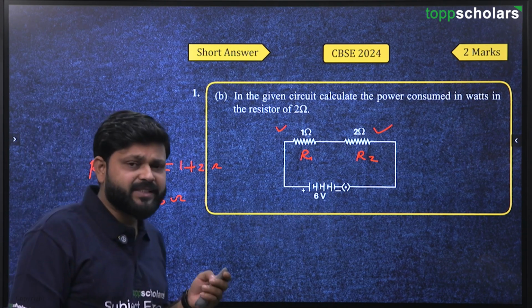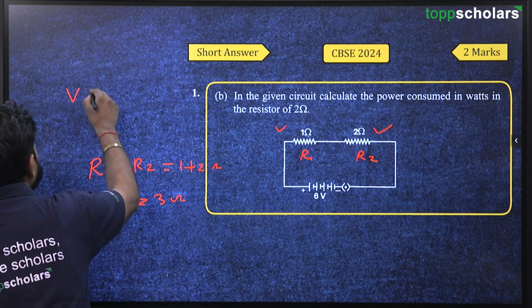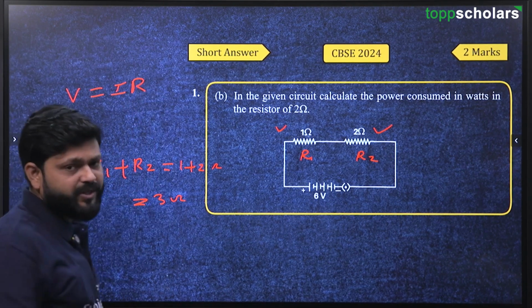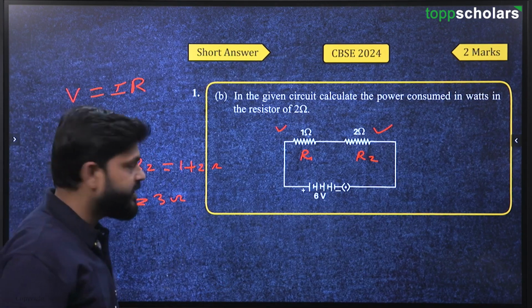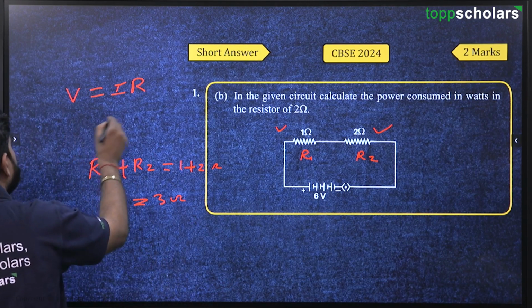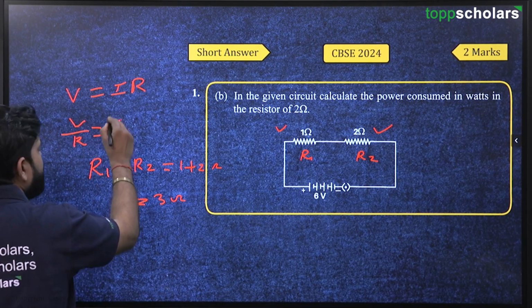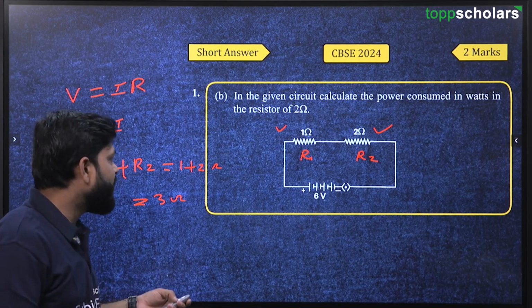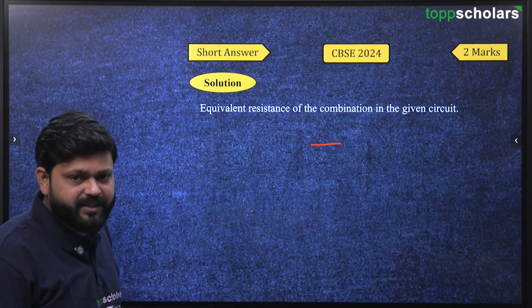Now what we can do here? We need to find the current first. How can we find current? According to Ohm's law, V equals IR. V is directly proportional to I, so V equals IR. If you want to find I from here, I will be equal to V upon R. So we can find the current here, as we have found the resistance.